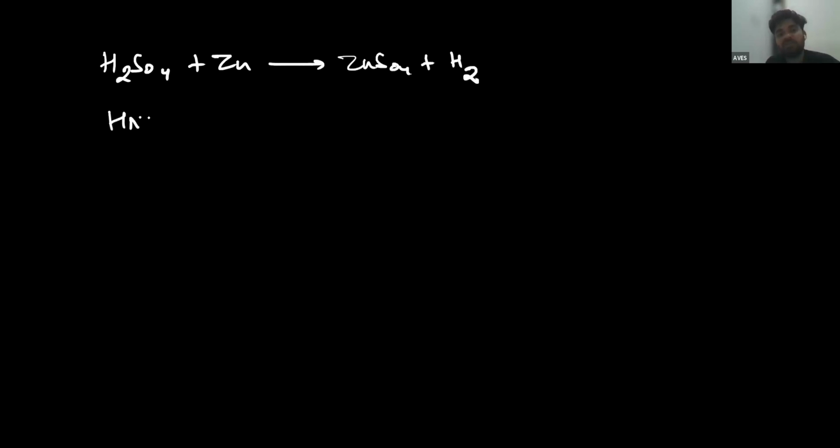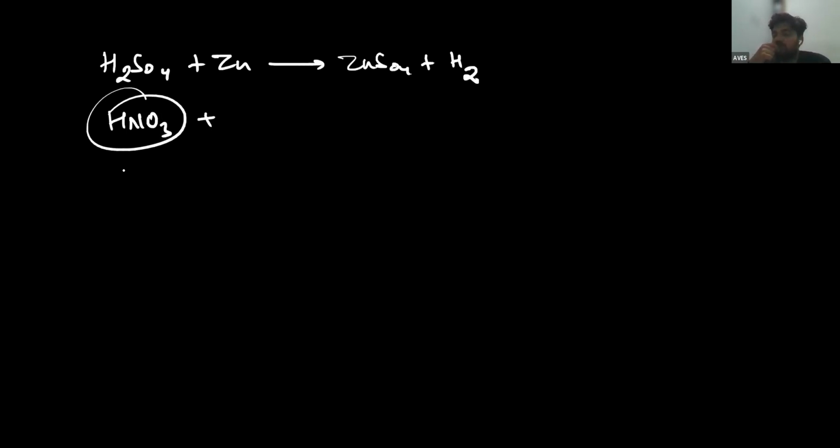But with HNO3 plus zinc, no hydrogen gas will be produced, it will be converted to water. Why? Because HNO3 is a strong oxidizing agent, and it oxidizes the hydrogen gas produced to water. We don't get the hydrogen, it simply oxidizes. Got it?